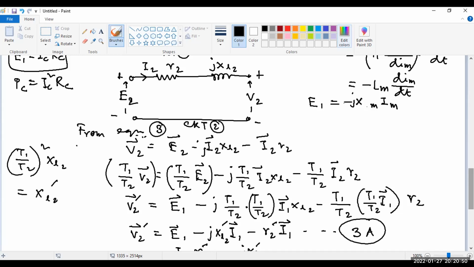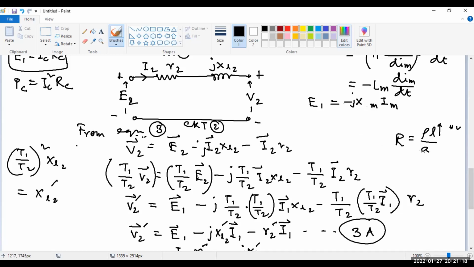You have made a higher number of turns in the high voltage coil. Higher number of turns means the wire that you have used for the high voltage coil is longer than the low voltage coil. Yes, sir. So if I write the formula for R, rho L by A, this L for the high voltage side is more. And what about the area?